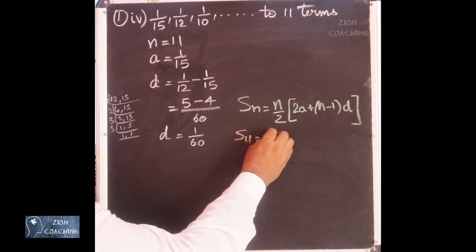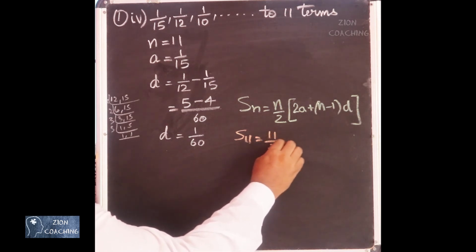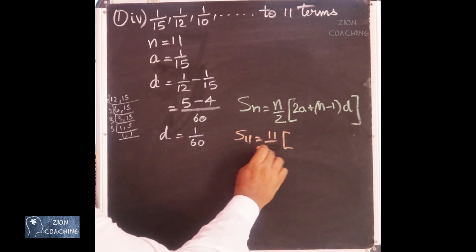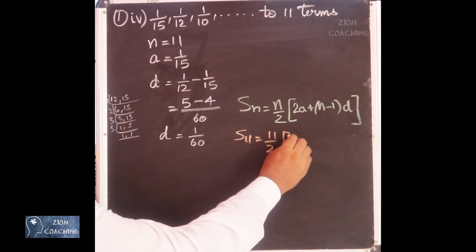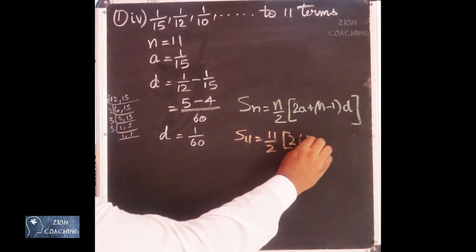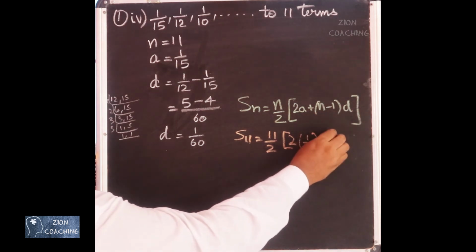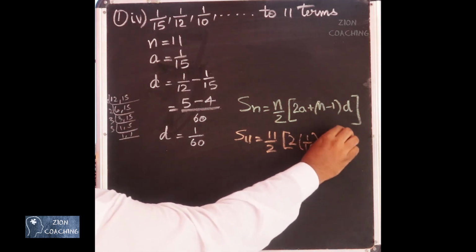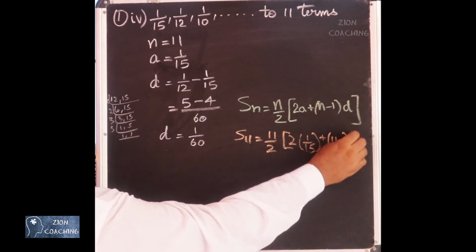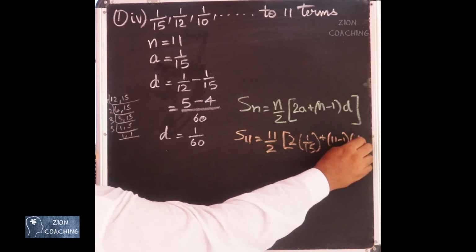So 11 by 2 into 2 into your A value, that is 1 by 15, plus 11 minus 1 into your D value, that is 1 by 60.